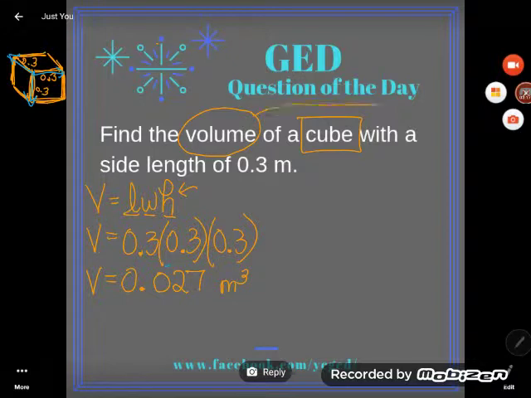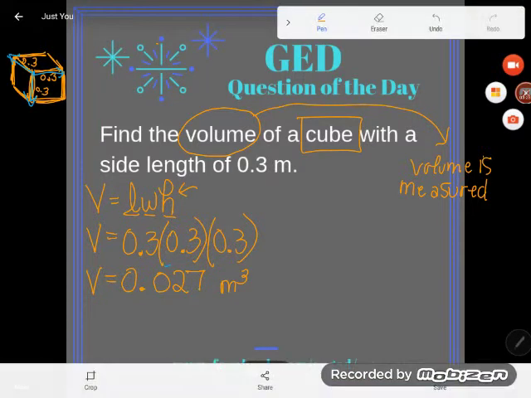So make a note to yourself if you didn't know this. Volume is a three-dimensional measurement. It's how much space to fill up a three-dimensional space. So basically, it's like how many little cubes to fill up a cube or a big cube.